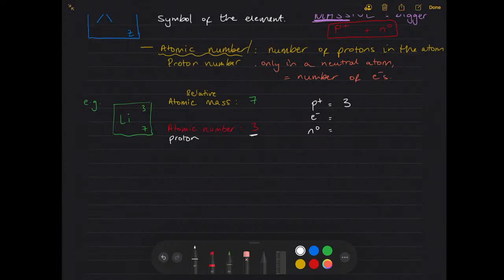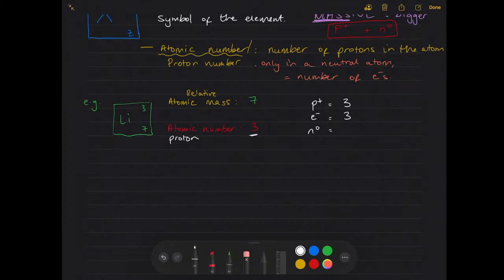This tells me lithium atoms have 3 protons. This is an atom, it's neutral. It's not a charged particle or a charged species. So that means the protons must equal the electrons to cancel out. If I have plus 3, to cancel it out I have to add minus 3. Okay? So that means we have 3 electrons because they cancel out.